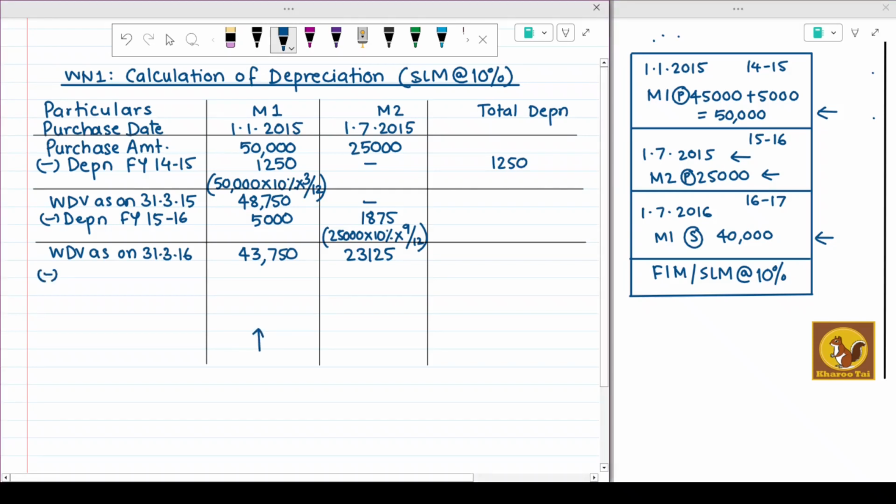So less depreciation for financial year 16-17. And this year, this machinery was used for only 3 months. 50,000 into 10% into, it was sold on 1st July 2016. So for April, May and June it was used. It was in the business. So the amount will be same, 1250.